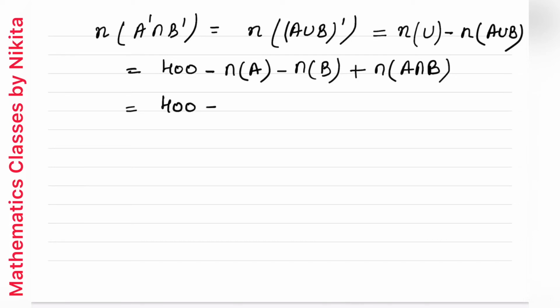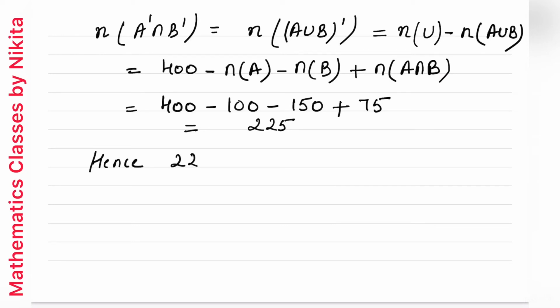So we are given n of A is 100, n of B is 150, and A intersection B was 75. So this will give you 300 minus 150. So it becomes 150 and 150 plus 75. So it becomes 225.